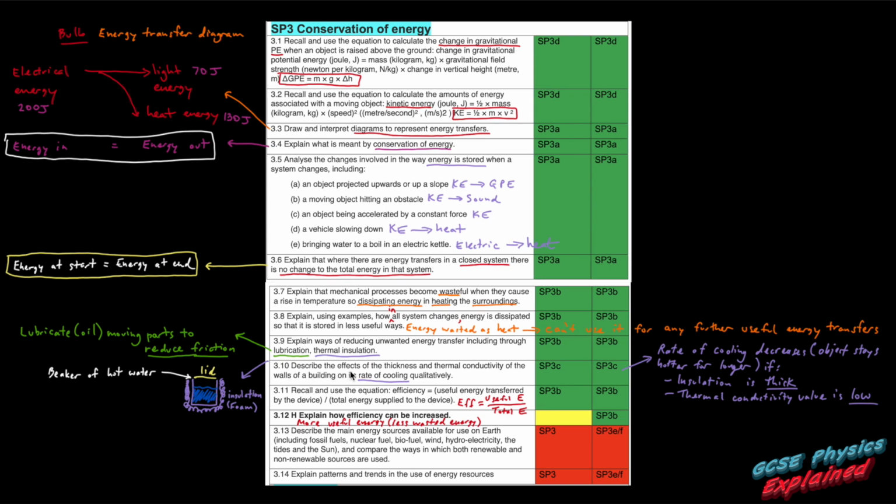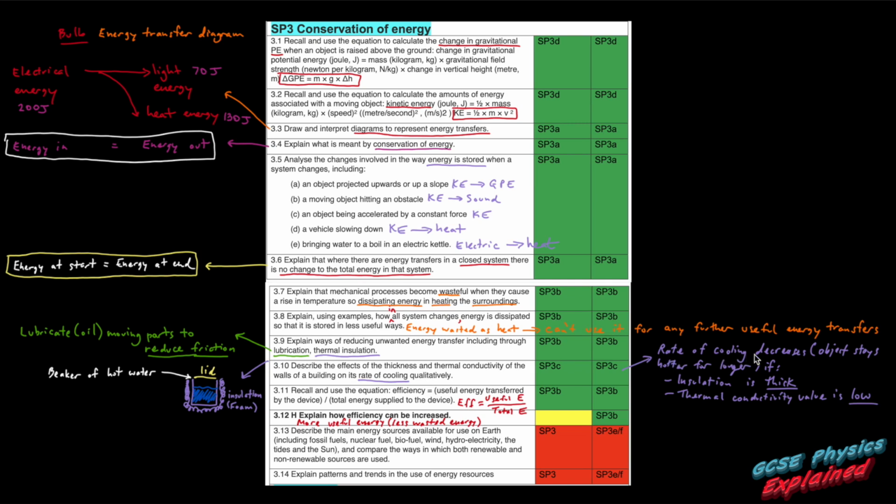3.10. Describe the effects of the thickness and thermal conductivity of the walls of a building on its rate of cooling qualitatively. So we don't need to use any numbers, that would be quantitatively, using quantities. So basically, here's the rule.